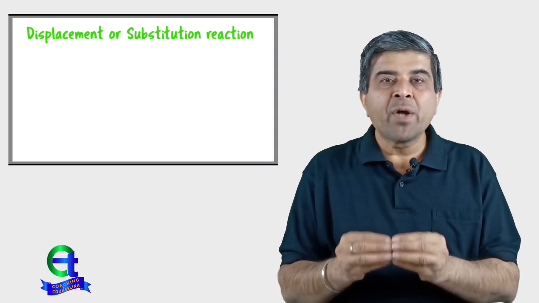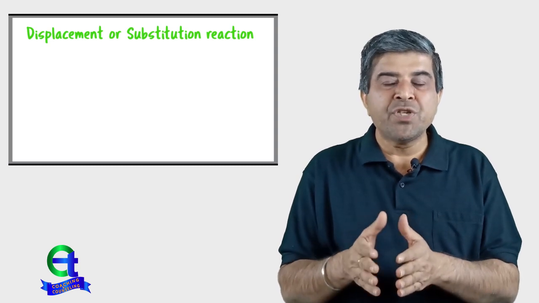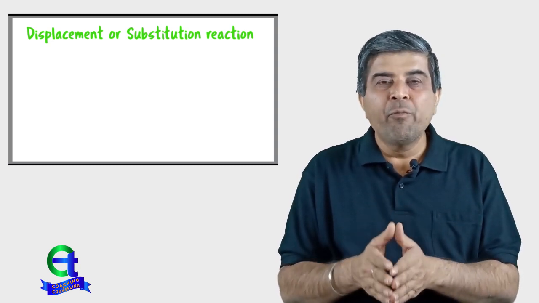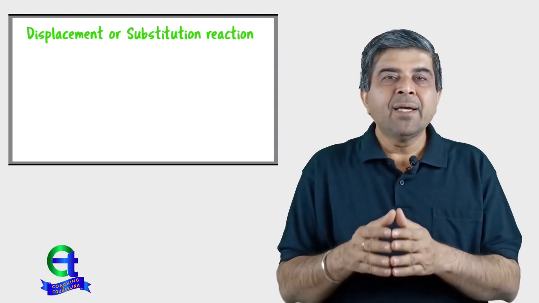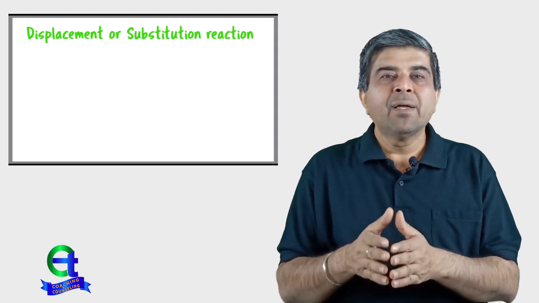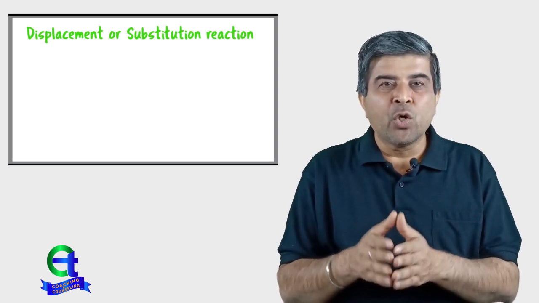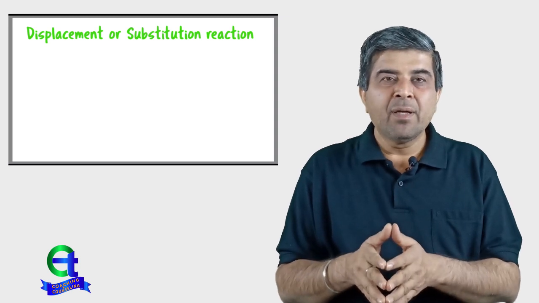So first, what is displacement? It is a relative change in position or movement from its original position. Similarly, substitution means substitute or take position. A good example would be teams playing football.